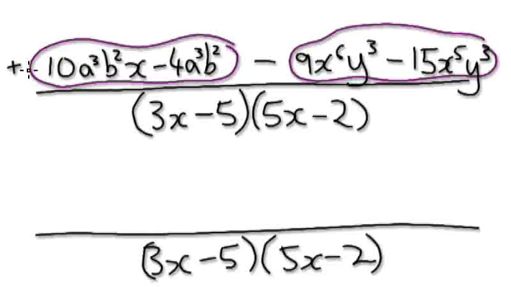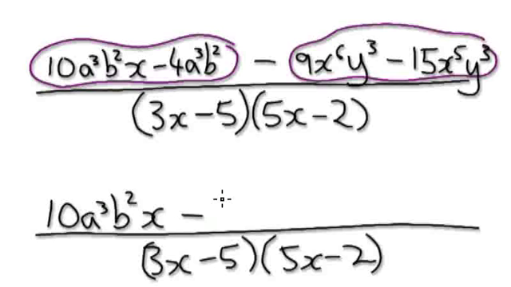So this is really a positive bubble. So let's just take this down. So it will be 10a to the power 3 b squared x minus 4a to the power 3 b squared. Now you've got a minus, and this is in effect a positive here.